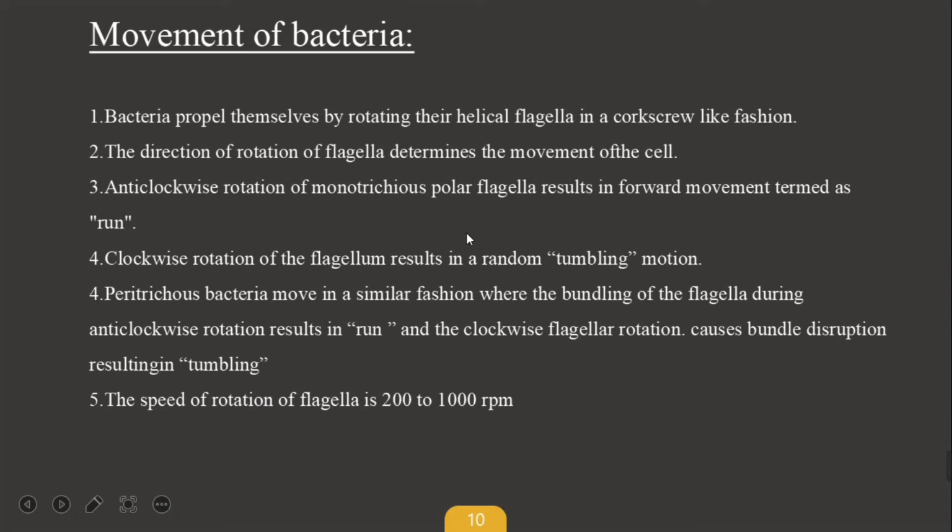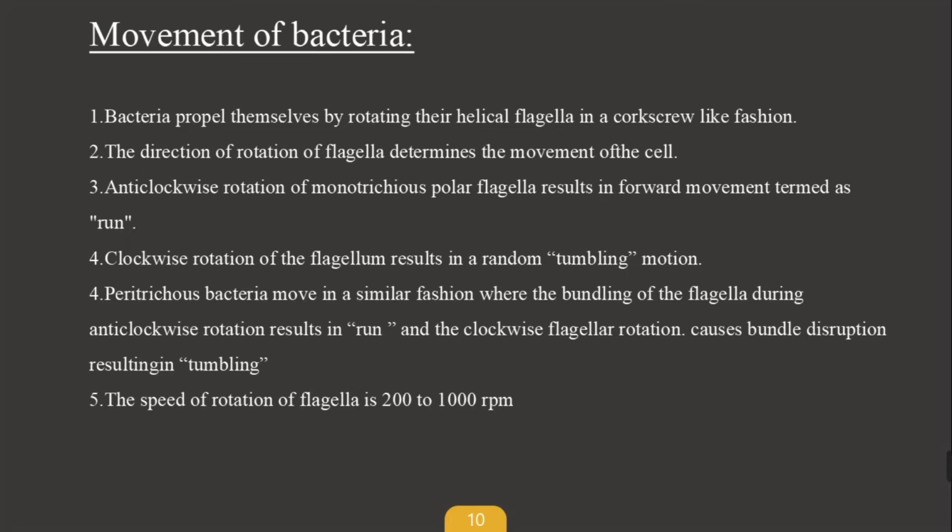Movement of bacteria. Bacteria propel themselves by rotating their helical flagella in a corkscrew-like fashion. The direction of rotation of flagella determines the movement of the cell. Anti-clockwise rotation of monotrichous polar flagella results in a forward movement termed a run.